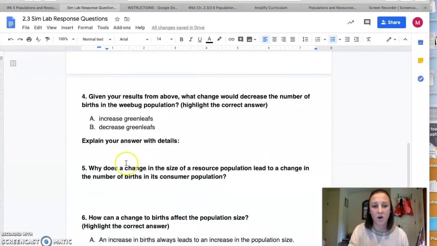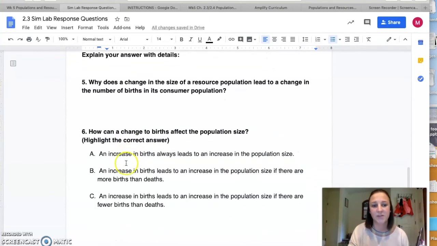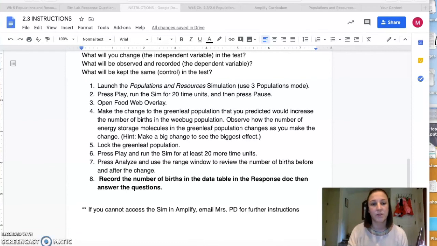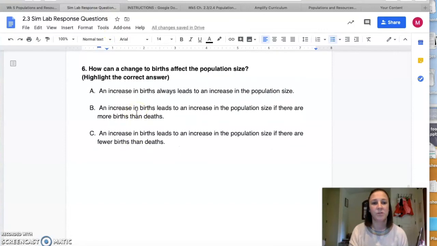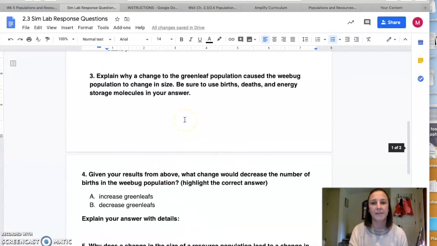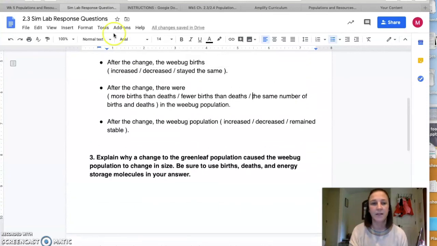Make sure to answer all these questions as detailed as you can. All right, so just make sure to follow the instructions very carefully, read them, carry them out, and then answer those questions in the response questions doc. You're just going to type directly in there and submit that in Classroom.